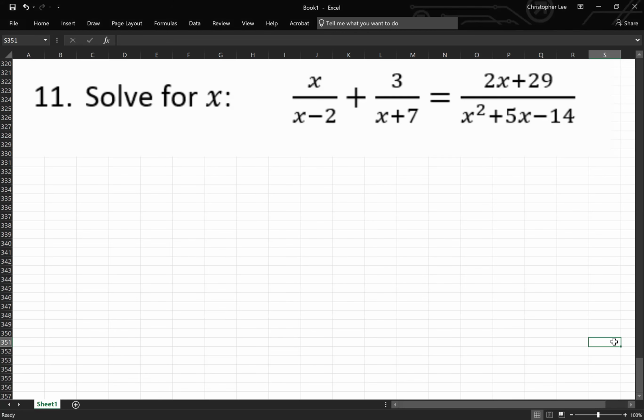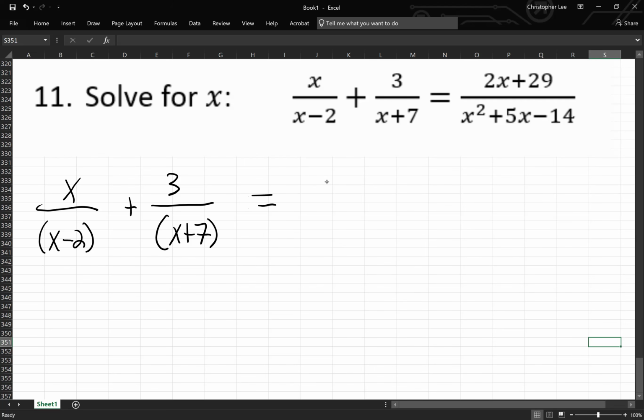All right, I'm going to solve for X. So I have X over X minus 2 plus 3 over X plus 7 is equal to 2X plus 29 over, what's the bottom?